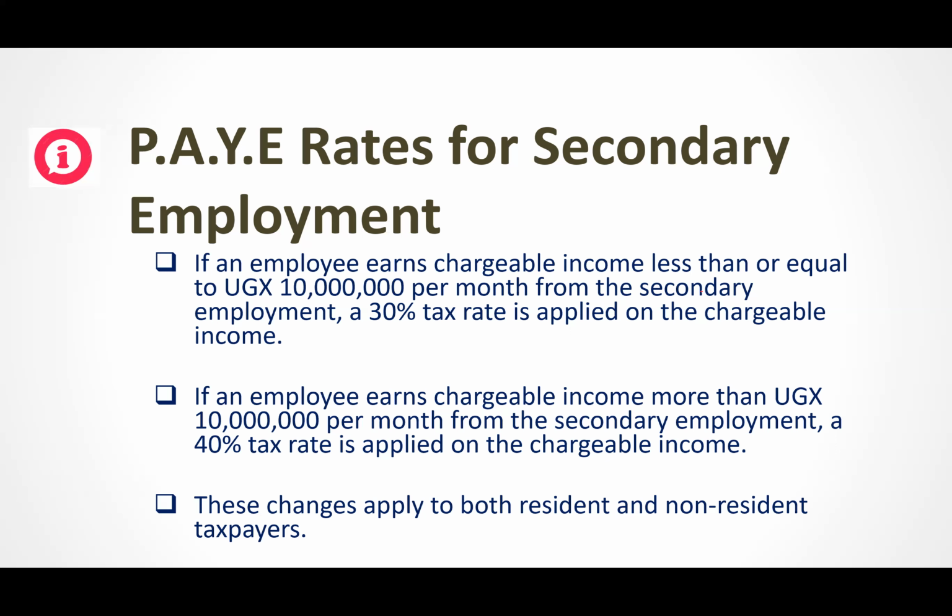So if I'm your secondary employer, even if you hide from me that I'm not your only place, if I get to know, then I'm going to apply 30%. If an employee earns chargeable income of more than 10 million per month from secondary employment, the rate is 40%. These charges apply to both resident and non-resident taxpayers.